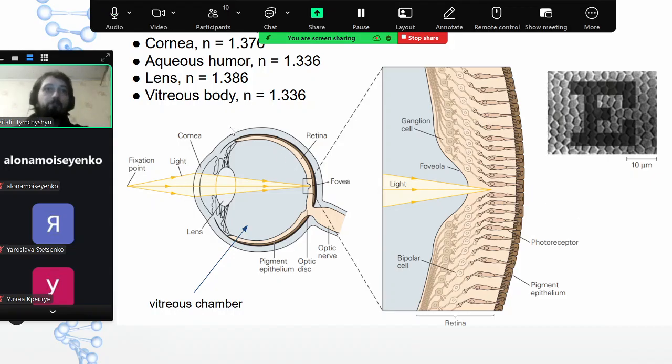So now you see that visual processing is pretty complicated. It involves not only detecting light, but interpreting that with our brain. Of course, this process is not studied up to the end.